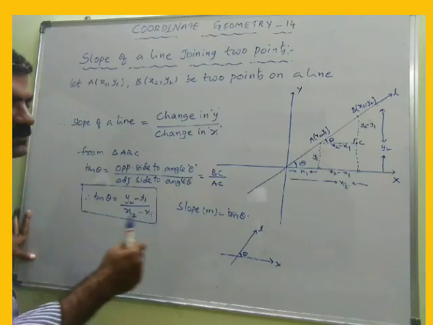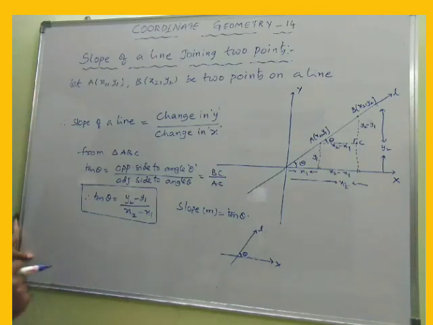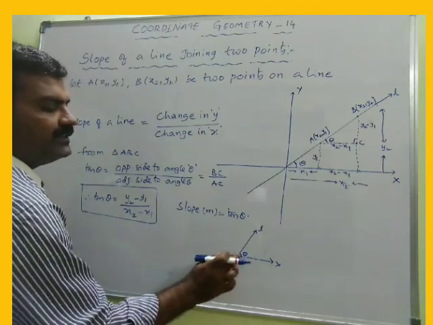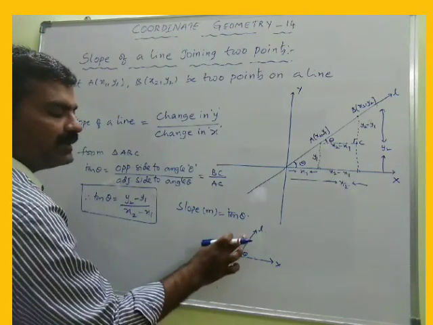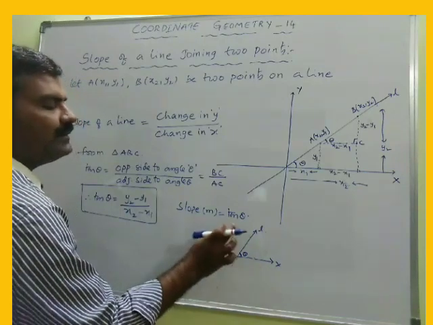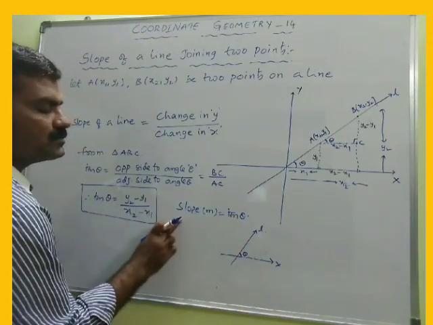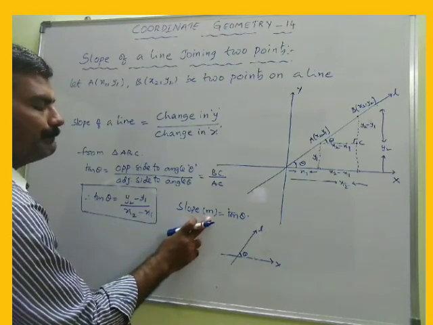Right? So let me repeat once again. What is the definition of the slope of a line? If theta is the inclination made by the line with the positive direction of the x-axis, then tan theta is called the slope of a line and is denoted by the letter m.